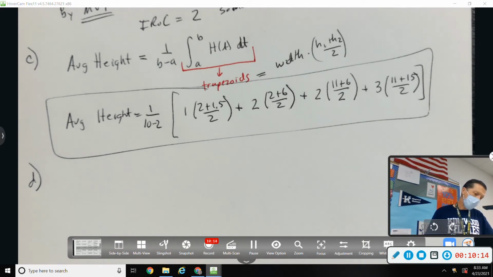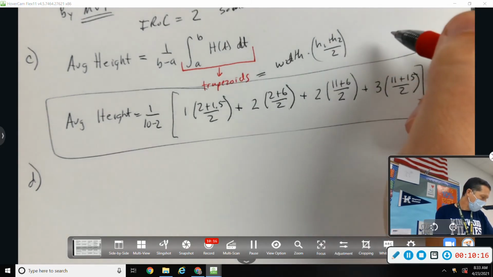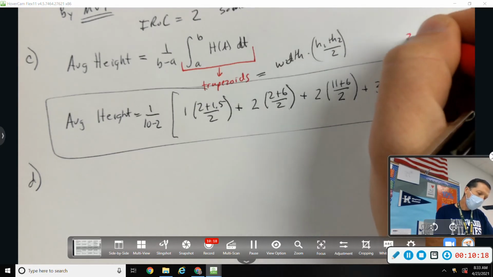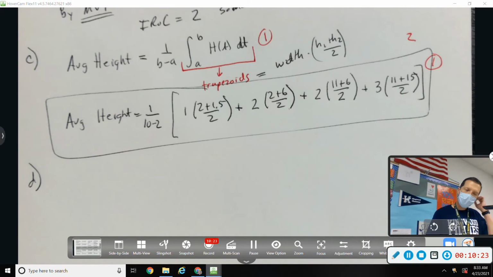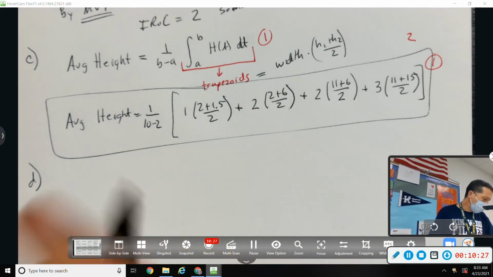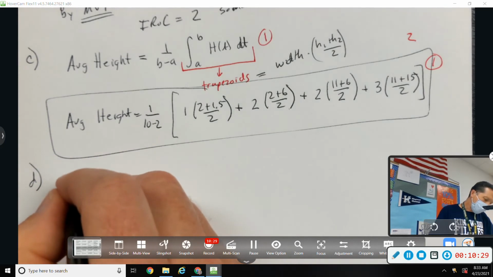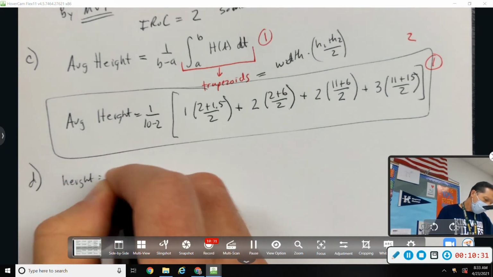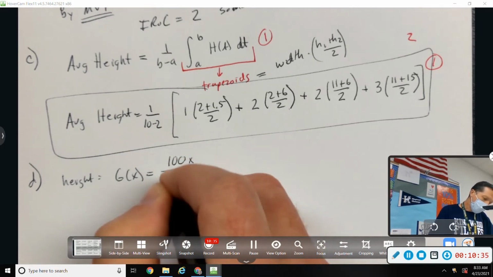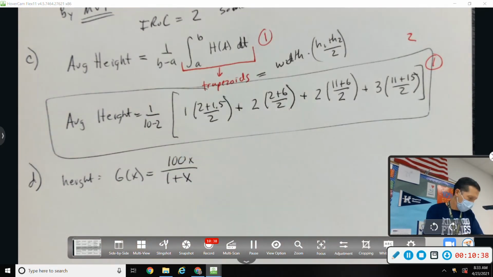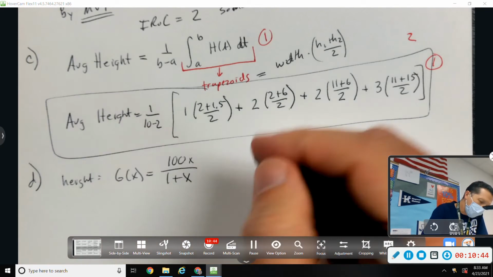Part D. That might be 2 points as well, because one for the formula and one for actually typing everything out. The height of the tree in meters can be modeled by the function g of x equals 100x over 1 plus x, where x is the diameter of the base of the tree in meters.